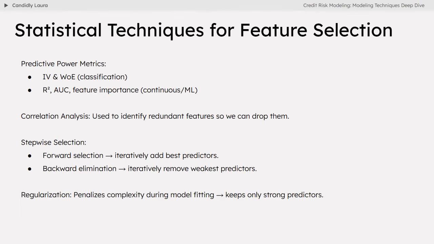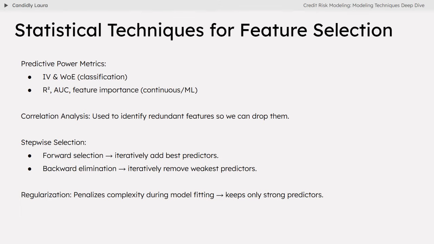Stepwise selection is refitting the model each time, adding or removing a feature until we get to the model with the best performance. Common ways to do this include forward selection and backward elimination. Forward selection is starting with an empty set and iteratively adding the feature that provides the best improvement in model performance.